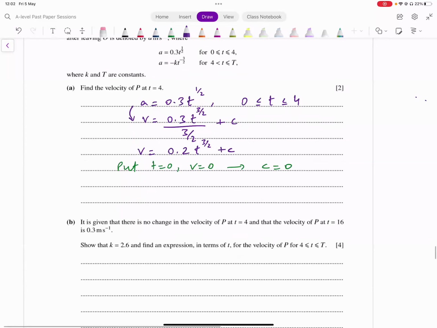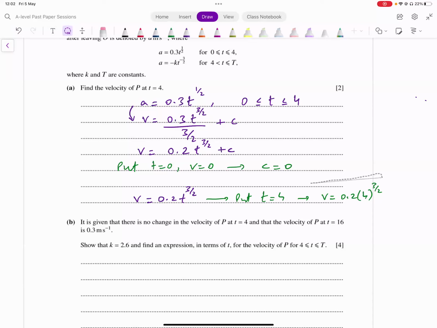So what do we have? v equals 0.2 t raised to power 3/2. This is the velocity function. Input t equals 4 and see what velocity we get. v equals 0.2 into 4 raised to power 3/2.